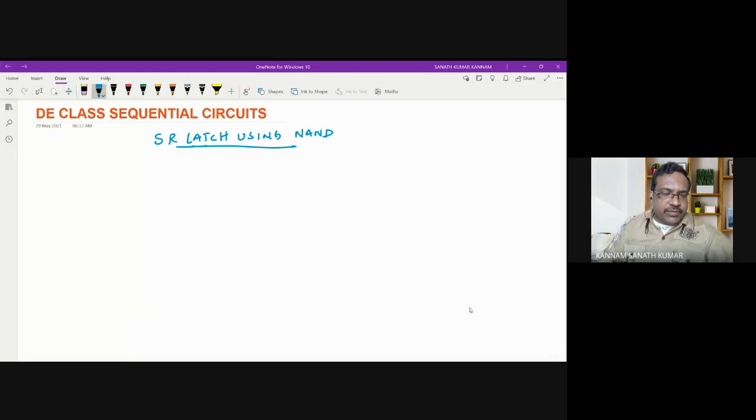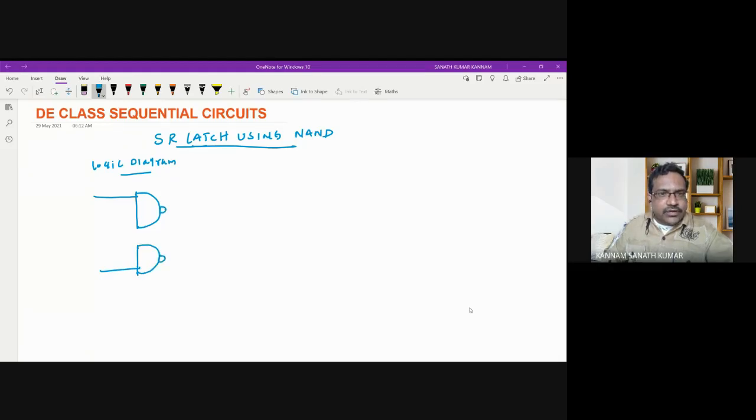You need to remember the truth table for the SR latch by using the NAND gate. So if you see the logic diagram, you have a NAND gate, and next here also you have one NAND gate.